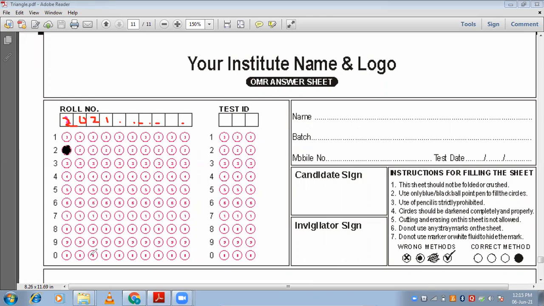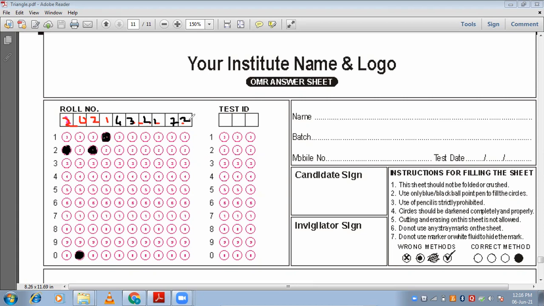Next, 0. 0 is here. Look here. This is 1, 2, 3, 4, 5, 6, 7, 8, 9, 10. Okay. Next again 2. 2 number is here. Like this, you need to fill OMR sheet. 1. Yes, 1 is here. For example, here 4, 3, 2, 1, 7, 2.